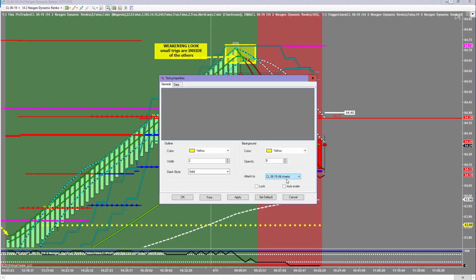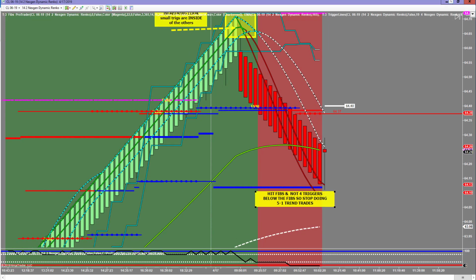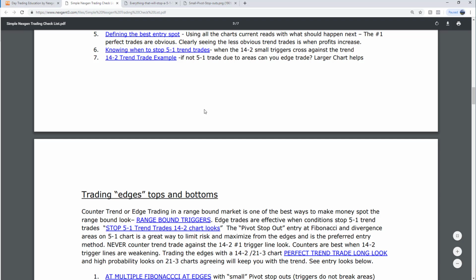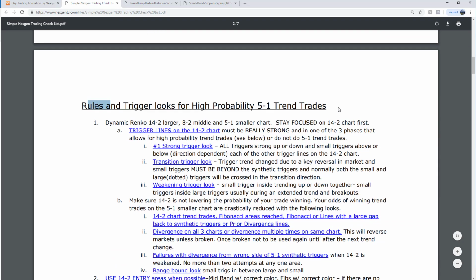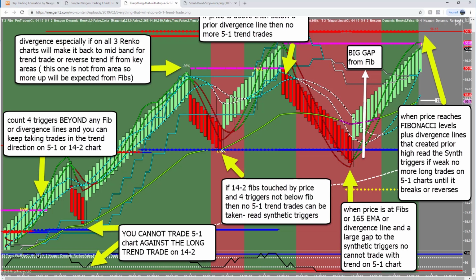Hit fibs and not 4 triggers below the fibs. So stop doing 5-1 trend trades. This is the rule. So look, when you're looking at your chart, again, I want to relate everything that I do back to the rules for you guys, because when you're going to do a high probability trend trade, it's imperative that you don't hit fibs without 4 triggers breaking below, or you're going to lose.